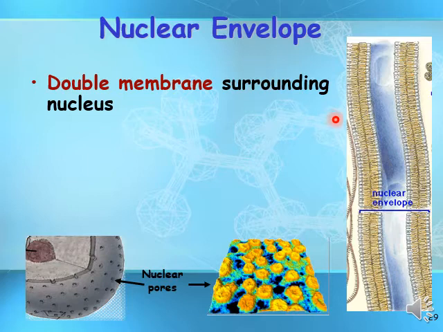The nuclear envelope is surrounding the nucleus. This is the nucleus surrounded by the nuclear membrane, and these are the nuclear pores.